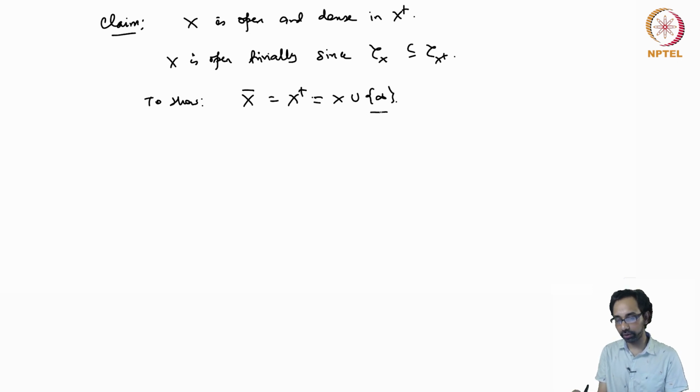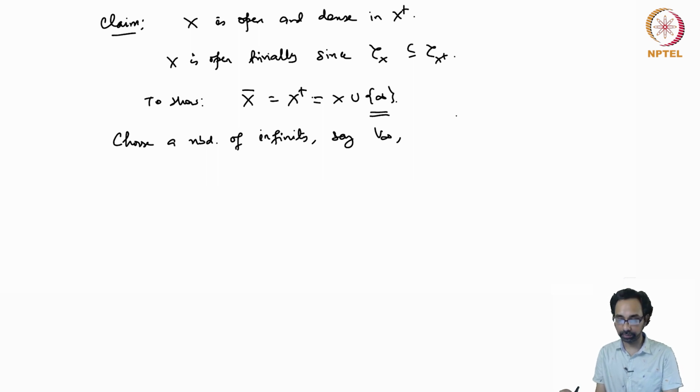So you only have to consider a neighborhood of the point at infinity, and show that it intersects X, and then the closure of X will be X plus. So choose a neighborhood of infinity, say V infinity.